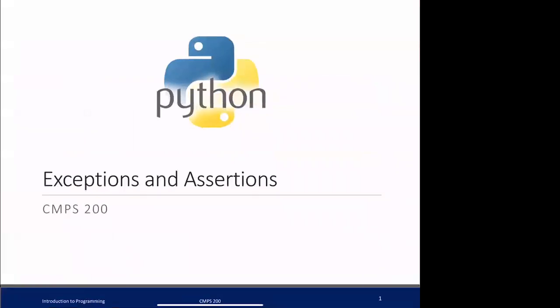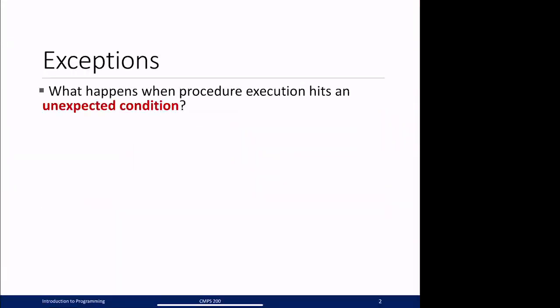So what are exceptions and assertions? What happens when procedure execution hits an unexpected condition? In other words, we've been running programs and writing relatively large programs, and it happens that we have certain issues because a program expects a certain input and produces a certain output based on this input, and it's not always given this input.